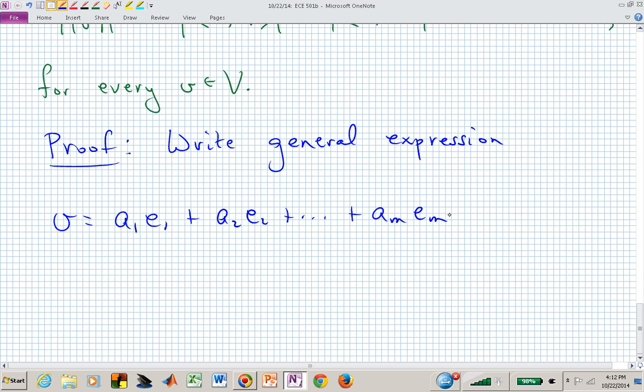So we've now determined that V can be written as this linear combination, and we've now found these coefficients, A1 through A sub m. That's how V is now defined. What we want to do now is show that those coefficients are in fact the inner products.